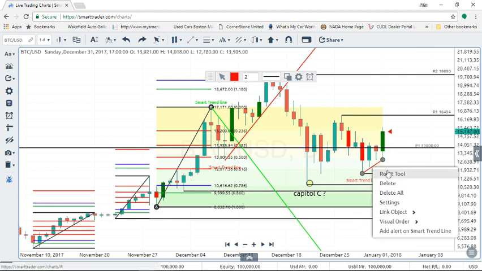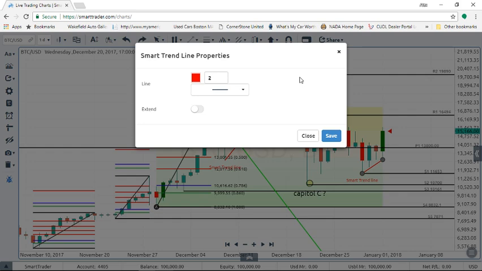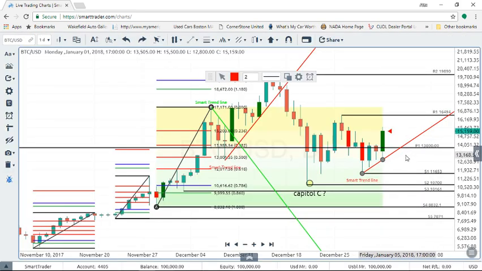So we're going to do an extension on that one. We're going to make it obviously red, because if it goes underneath this trend line, then obviously it's going to start heading to its support level 1. So a couple of things that I'll be looking for is if it breaks the pivot point, if it breaks this support level right here. Definitely expect this pair to drop to 11,653.